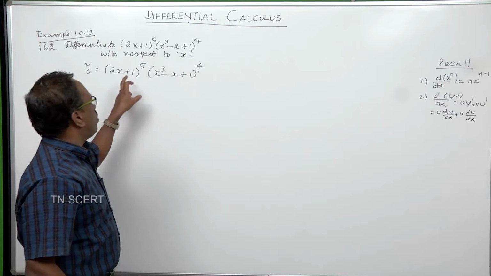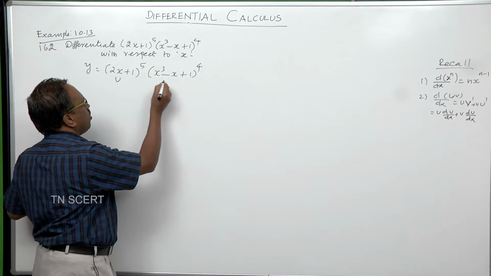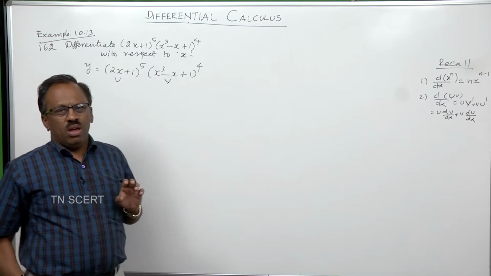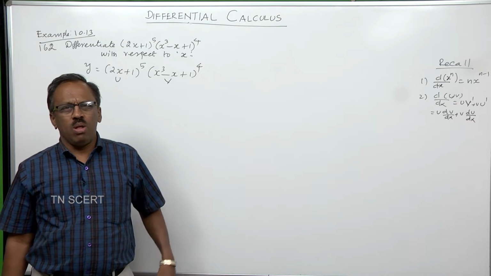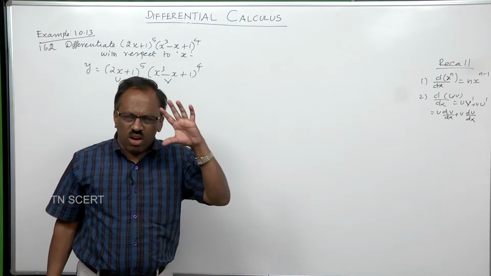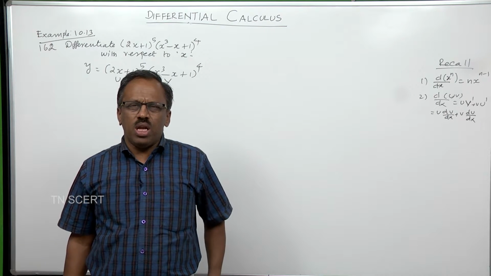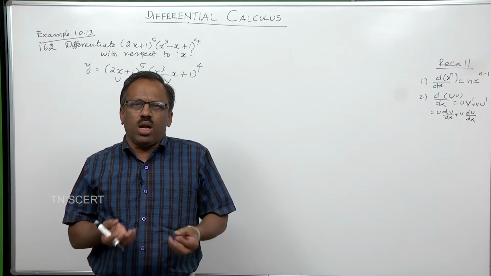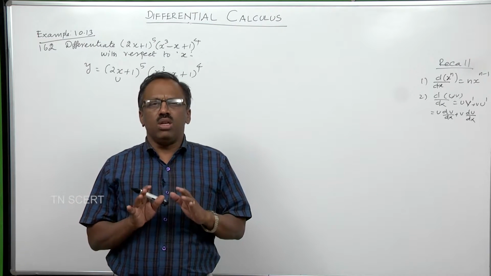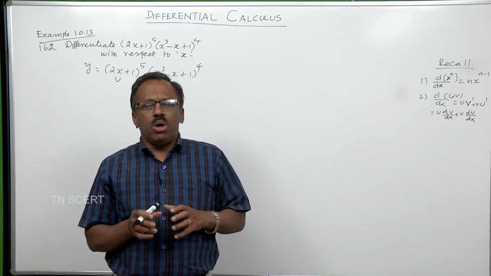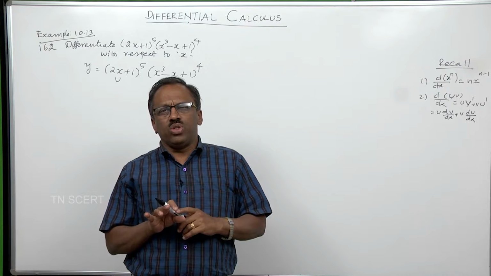Now, let us take this one as u, and this is v. The function is algebraic, remember that. Algebraic means we have to use the first formula, n x power n minus 1. Whether the given function is involved with only algebraic? Yes. But is it only one function, or does it involve a function of a function? Yes, it involves a function, but the function is dealing with again the same algebraic function.